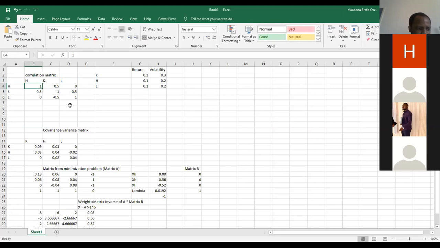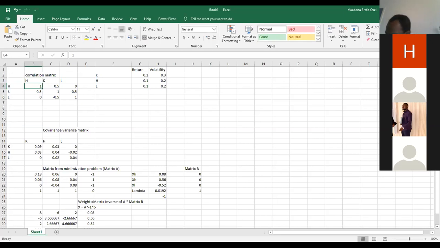So the correlation matrix. Now we are saying that H, in the question, we said 1, 2, 8, 9. So the correlation between H and H is 1.